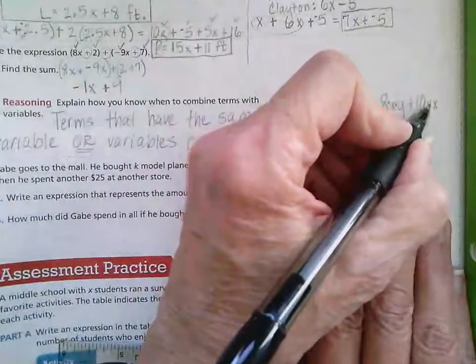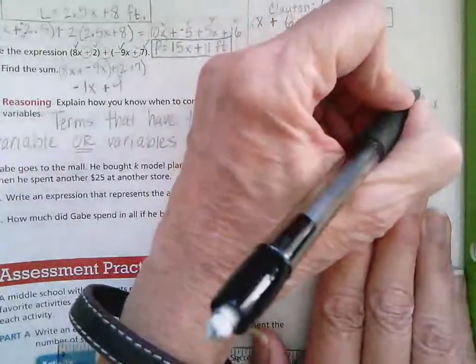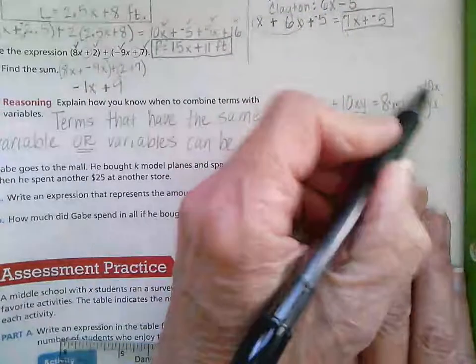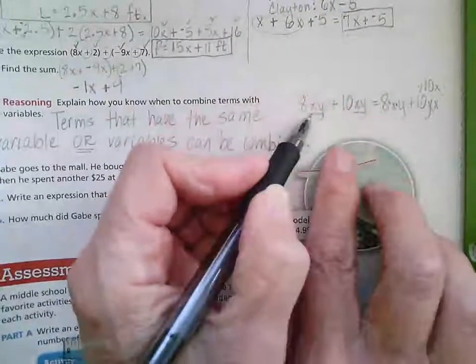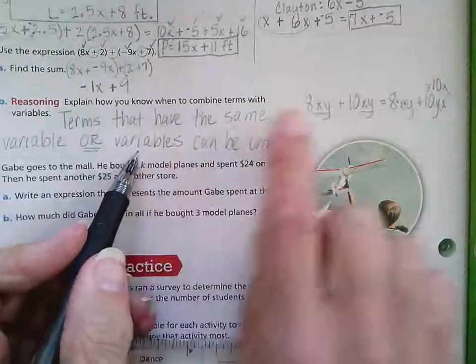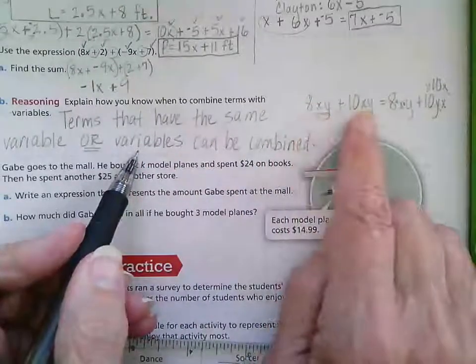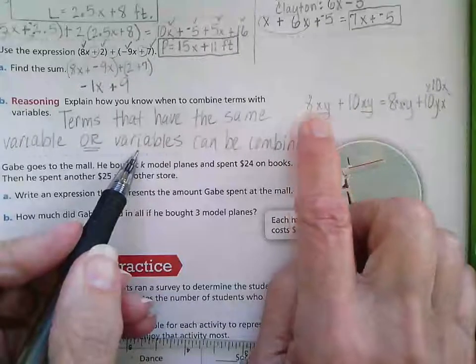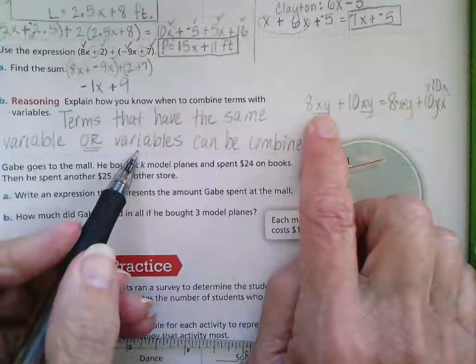So that's the reason the order doesn't matter. This could actually be y 10x, but you never see it written that way. So that's why I included the word "or variables" here, because later in algebra, you're going to have terms wherein after the coefficient, you're going to have more than one variable.